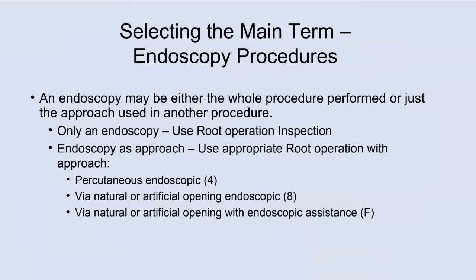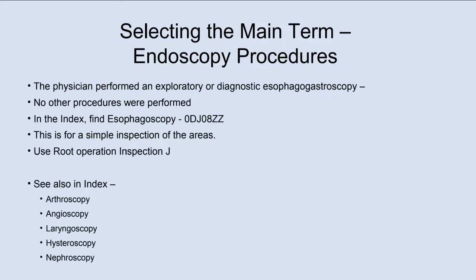And then you're going to use the endoscopy just as the approach digit. So you have percutaneous endoscopic, via natural or artificial opening endoscopic, or via natural or artificial opening with endoscopic assistance. So it depends on what is the point. Is the endoscopy the point, or is the endoscopy just the way to do what they're trying to do?